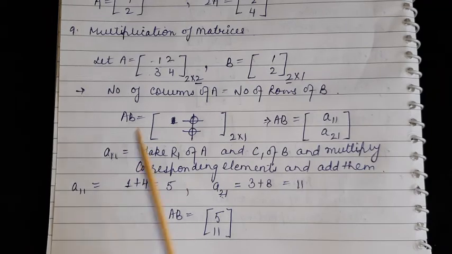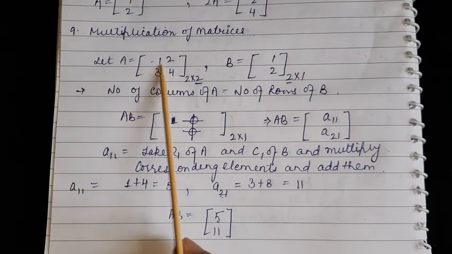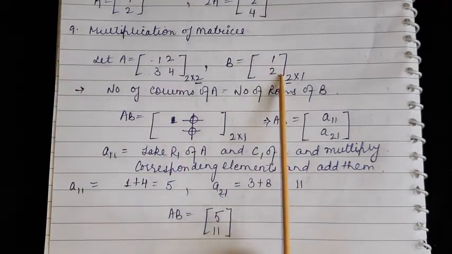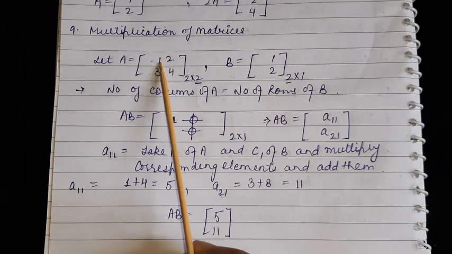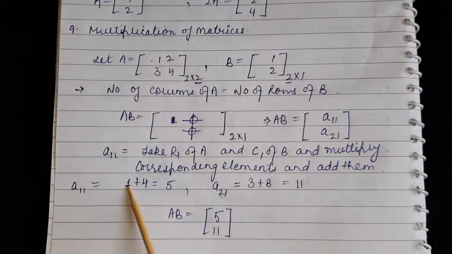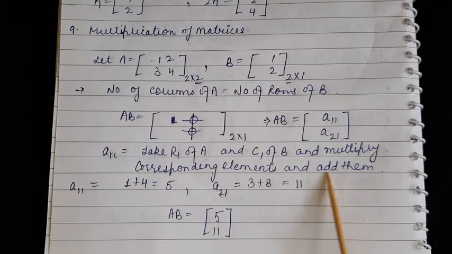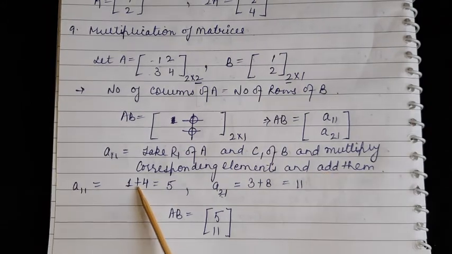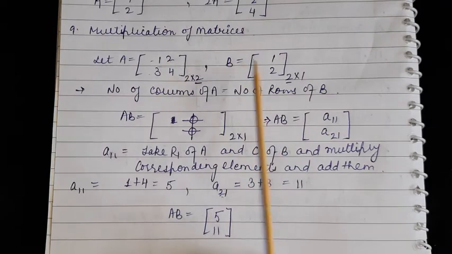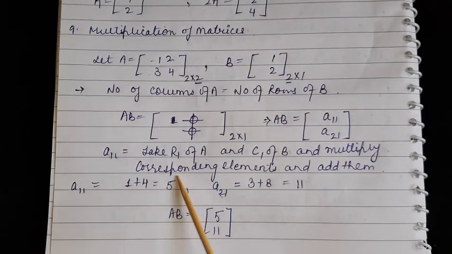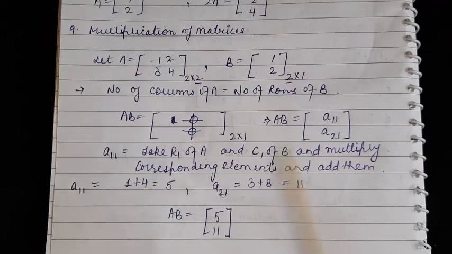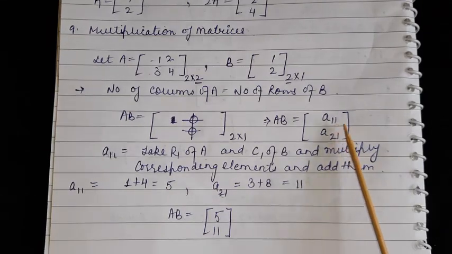R1 here is 1, 2 and C1 here is also 1, 2. 1 into 1 is 1, plus 2 into 2, which is 4. So 1 plus 4 gives 5, and this is our element A11.